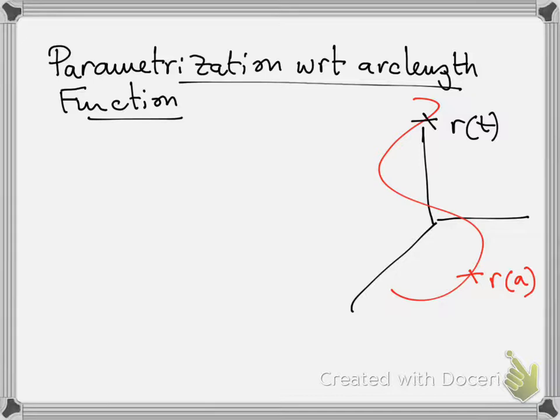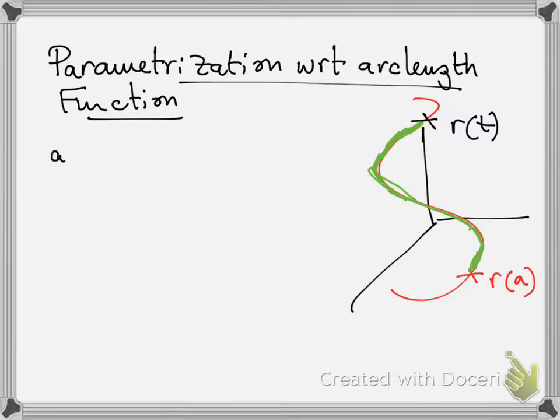We can measure the arc length from r of a to r of t. So the arc length function gives the length of the curve from r of a to r of t. That's the definition of the arc length function.